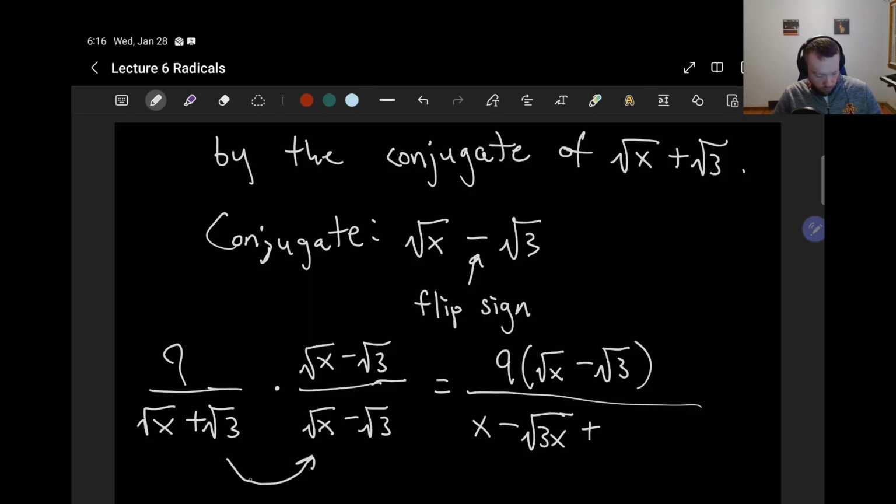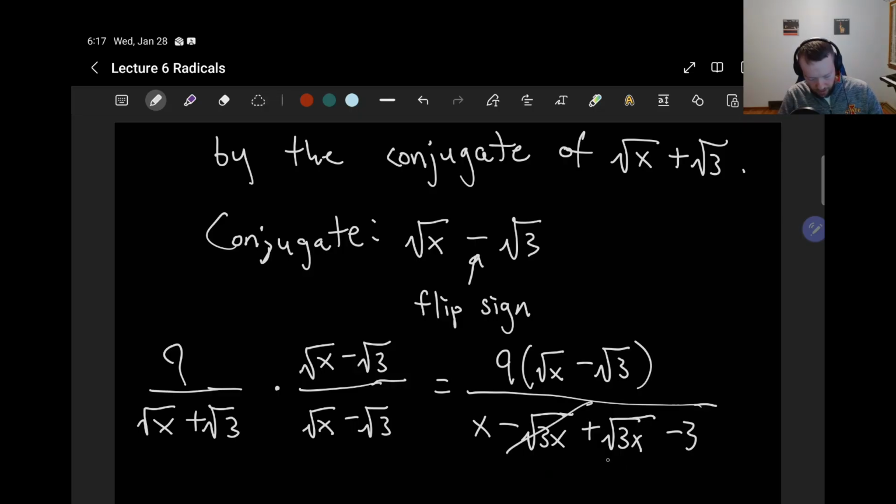Then the inner part of the FOIL gets me a plus root 3x. And then last, it's going to be the square root of 3 times negative of the square root of 3. Together, that will be a minus 3.